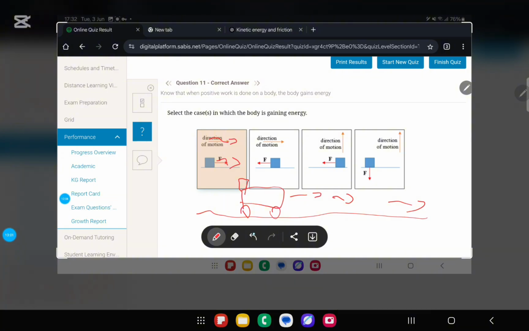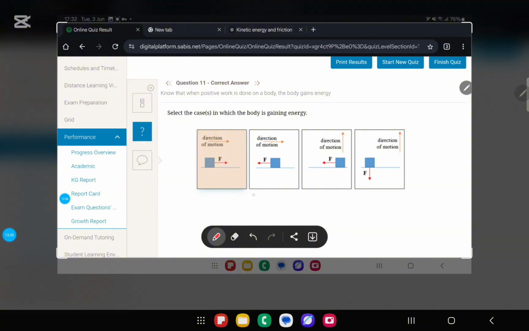The cart is moving along a smooth floor, so basically the forces are not resisting the cart, not pushing it backwards. Then it's motive. So when the force moves in the same direction as the direction of motion, it's motive. It's moving in the positive direction, basically.